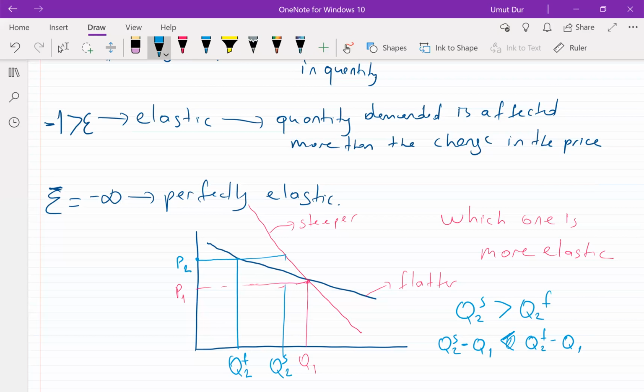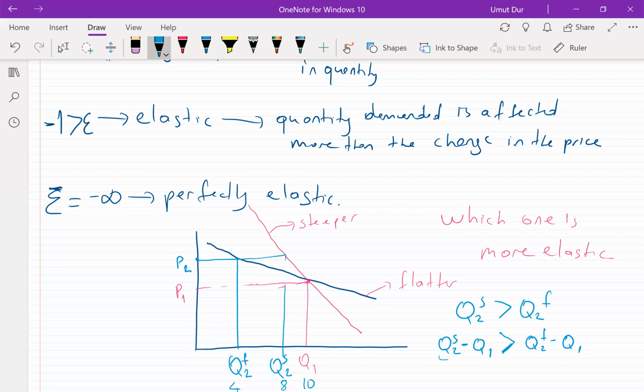Mathematically, just the values. Okay, how do I see that? Let's say this is 10, this is 8, and this is 4.